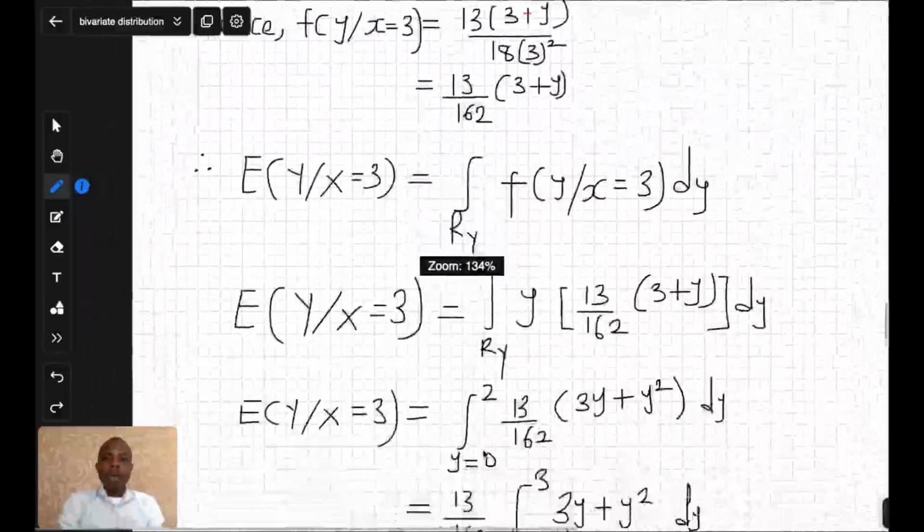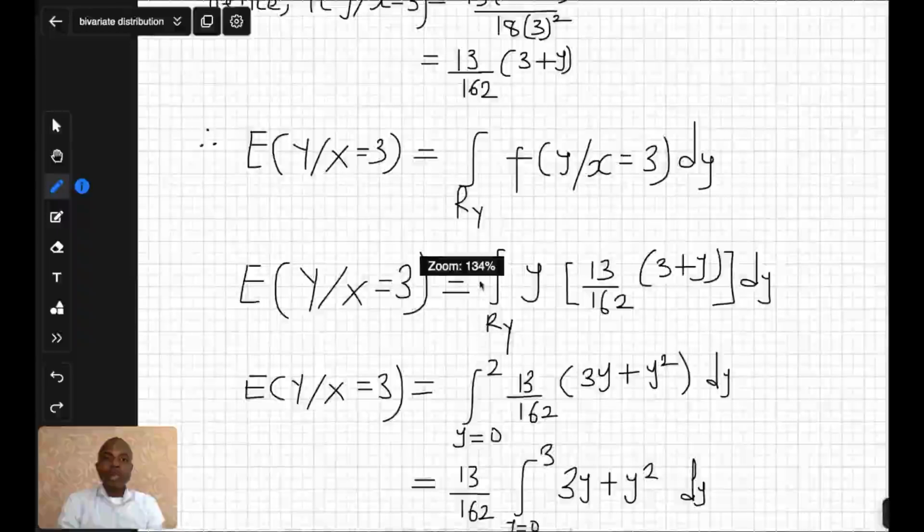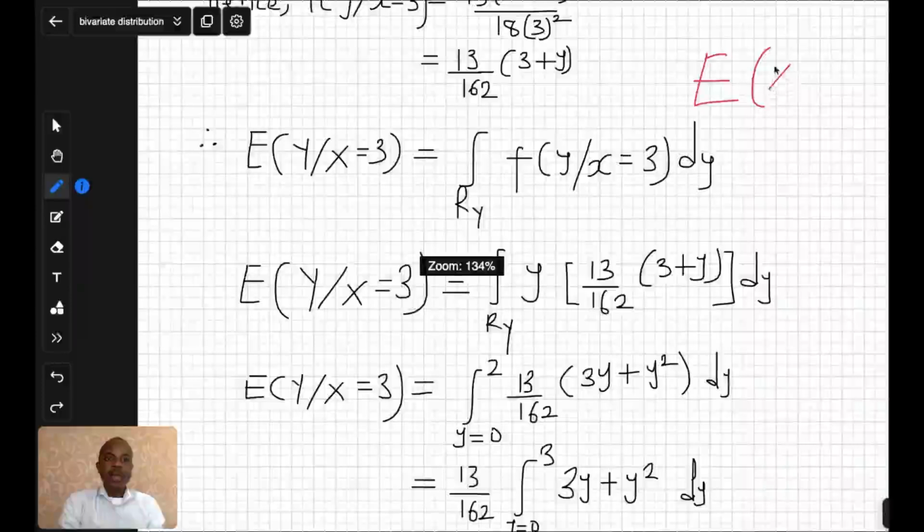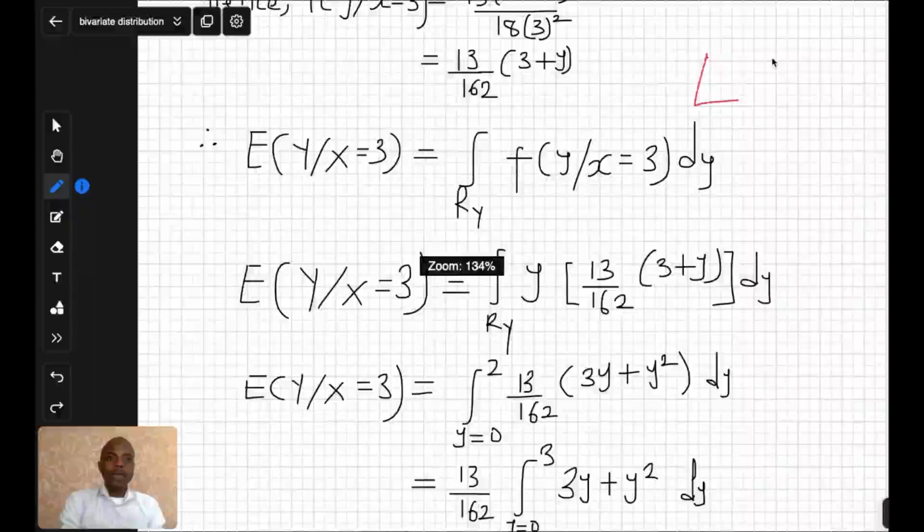Now, in order to obtain the mean, we integrate over the range of y because we are looking for this. Don't forget, expected value of y. So we integrate over the range of y. The other time when we were looking for the expected value of x given y, we integrated over the range of x, not the range of y, because x is what we were concerned about.